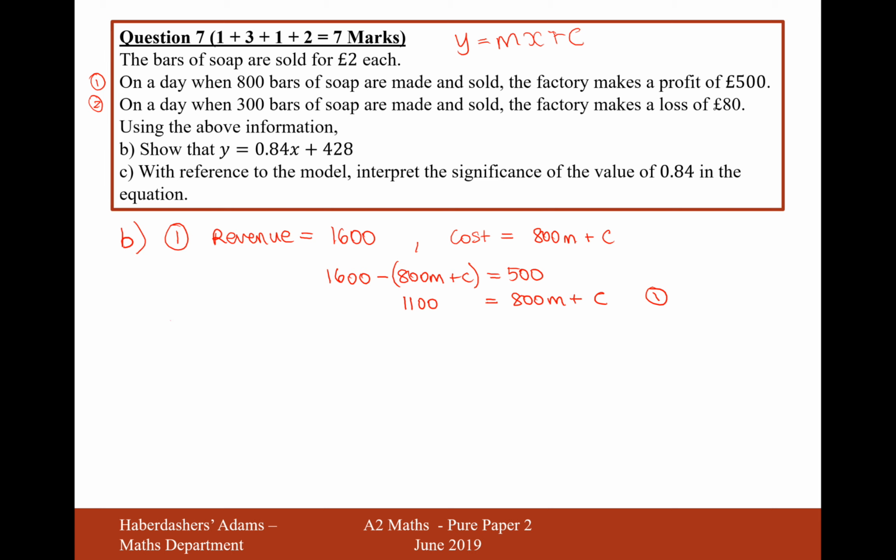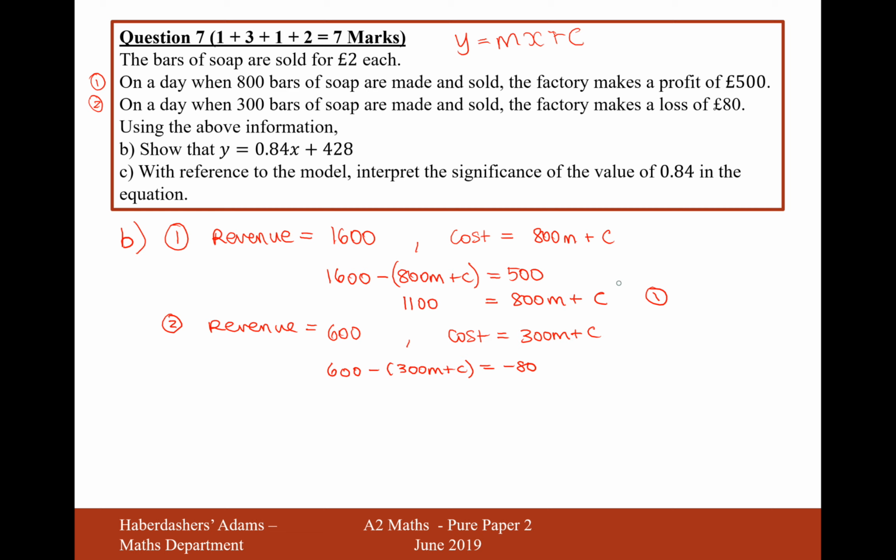Let's move on to simultaneous equation number 2. If 300 bars of soap are sold for £2, we are taking in £600. The cost is going to be 300m plus c, and the difference between the revenue and the cost, 600 minus (300m plus c), will equal minus £80, because we lose £80 on that day.